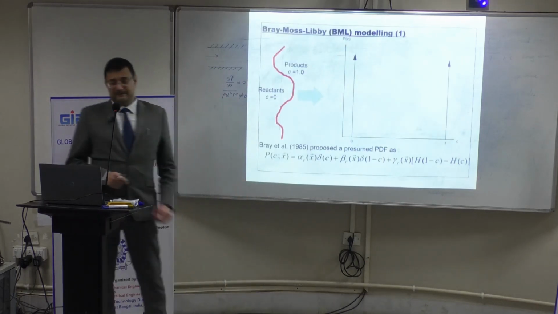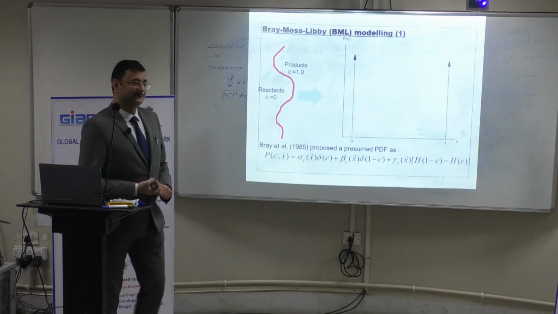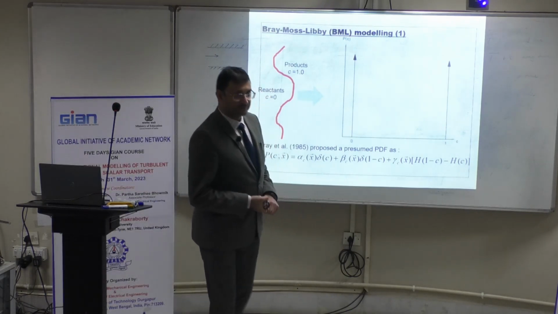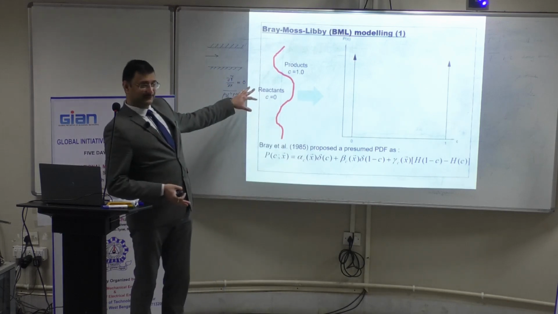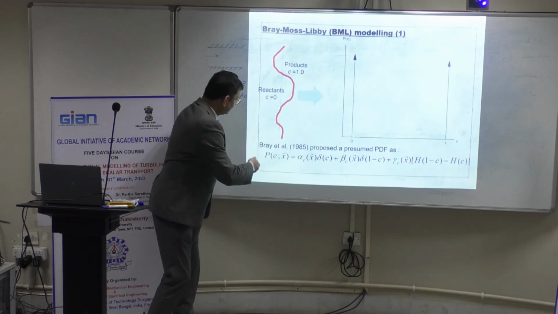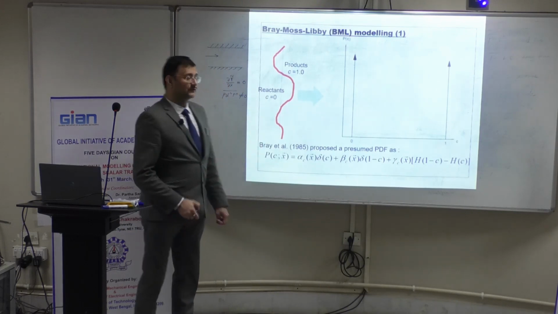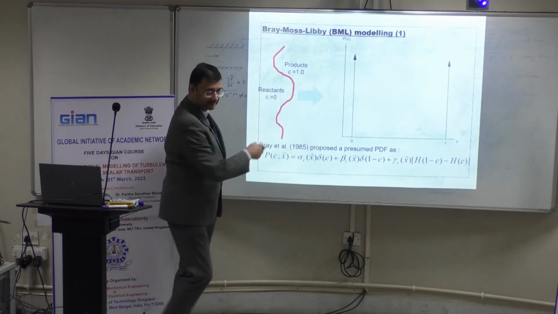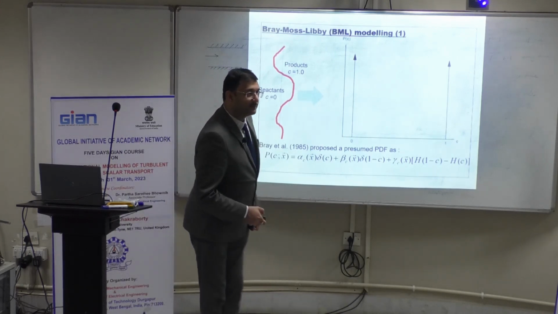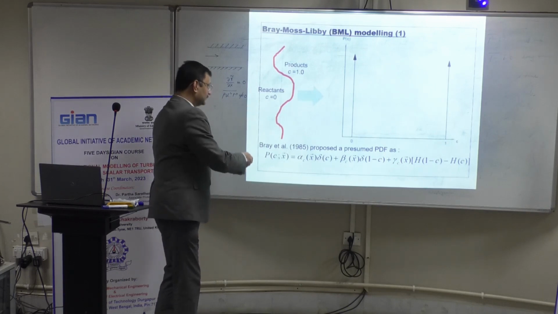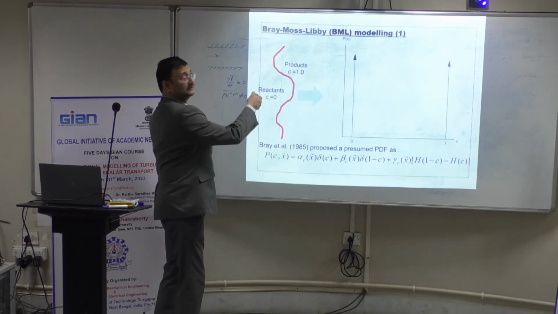Now, again, let me go back to the reacting scenario. We saw this yesterday already. If I am sampling along this line, instantaneously, let's say my premixed flame looks like this. If I average, my C tilde for a given value is going to be along this line.